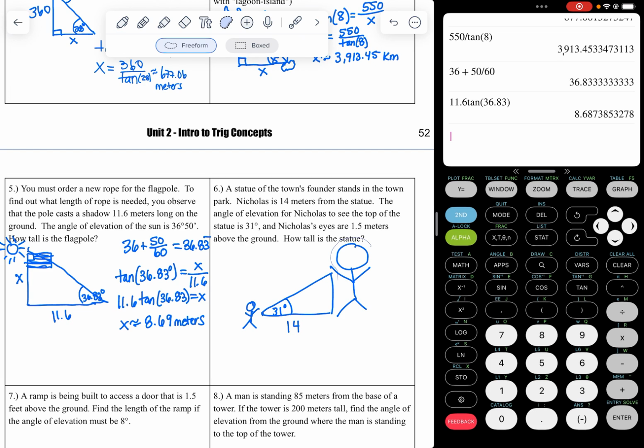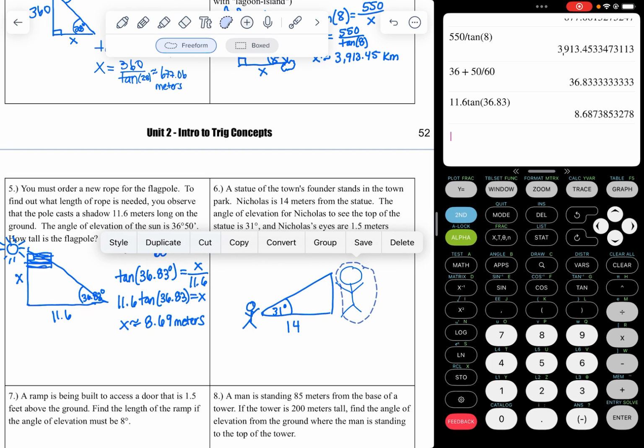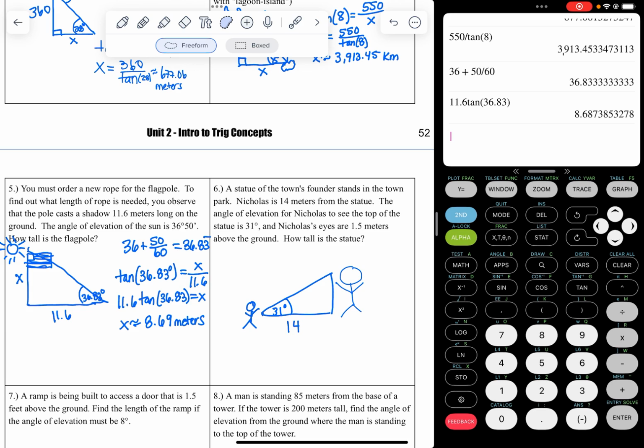He's looking at the top of it, so let me shrink it down a little bit. Nicholas's eyes are 1.5 meters above the ground, so eventually we're going to have to add on 1.5 meters. And so we're looking for this.